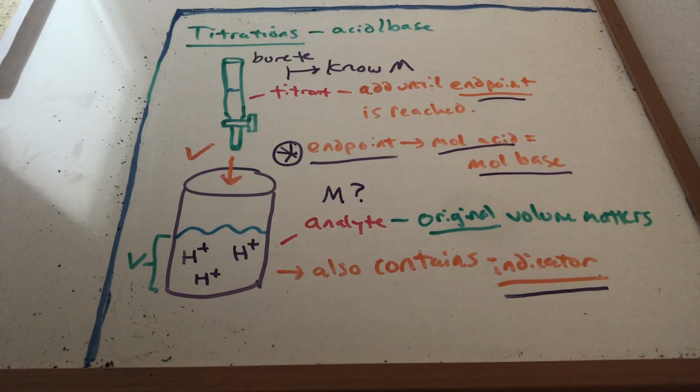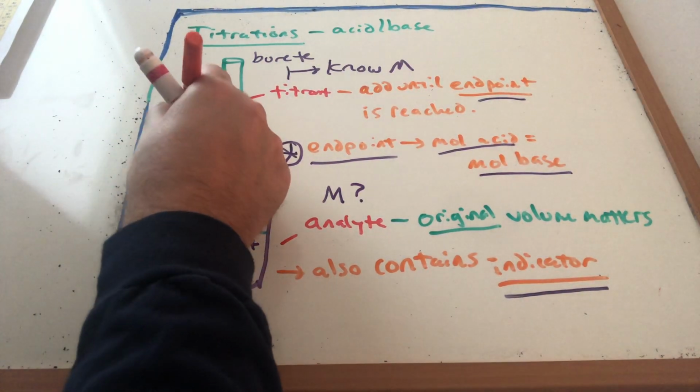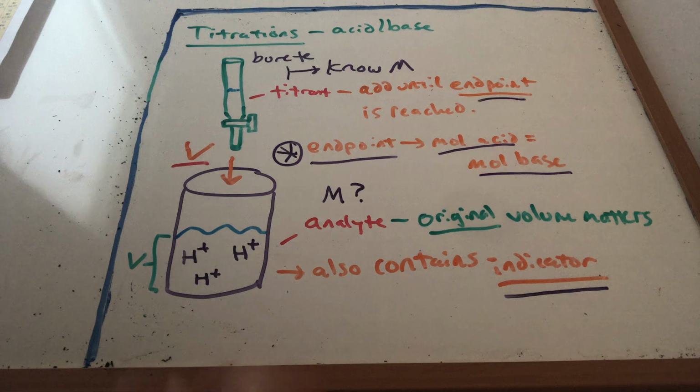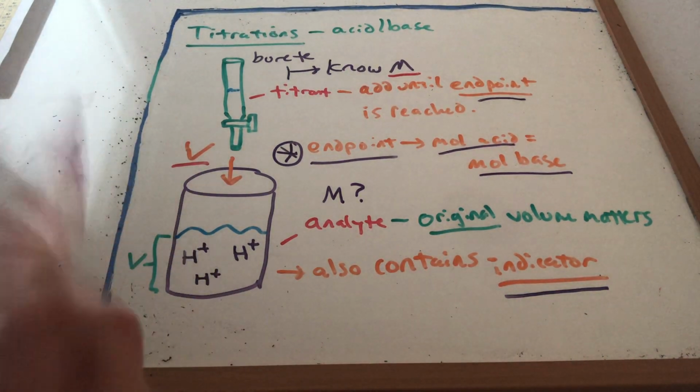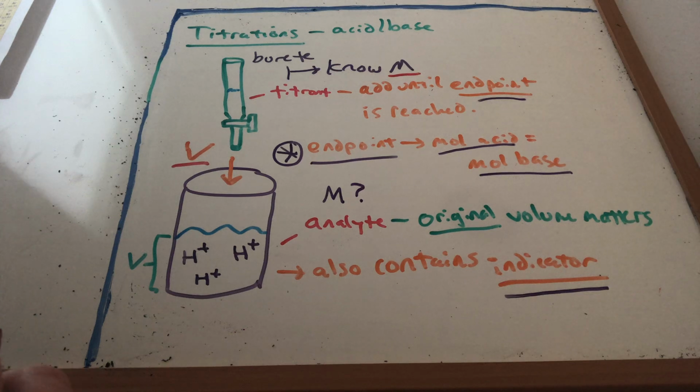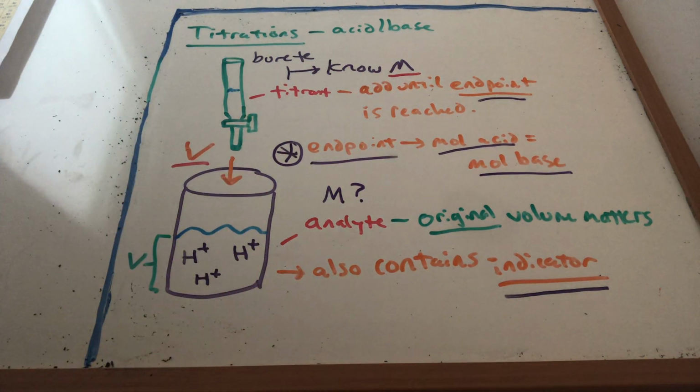And from a previous lecture, if you know volume and if you know molarity, what do you know? You know moles. So I'm essentially going to monitor this reaction with a known molarity and volume.